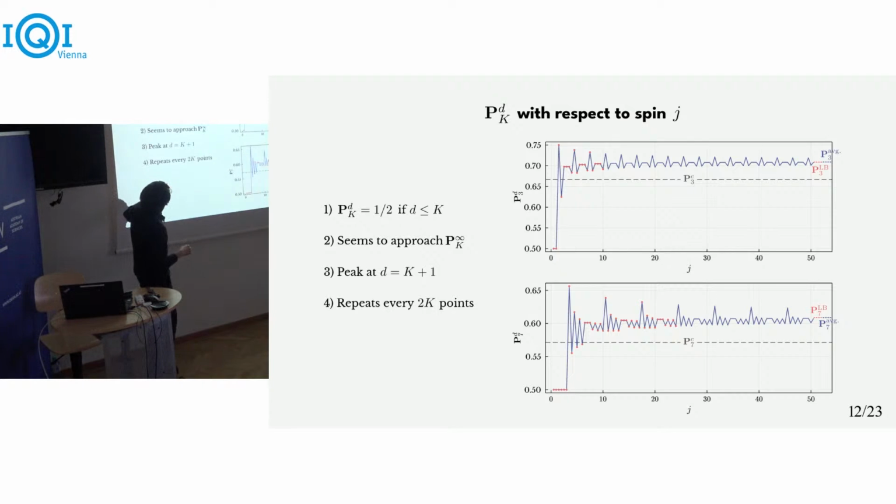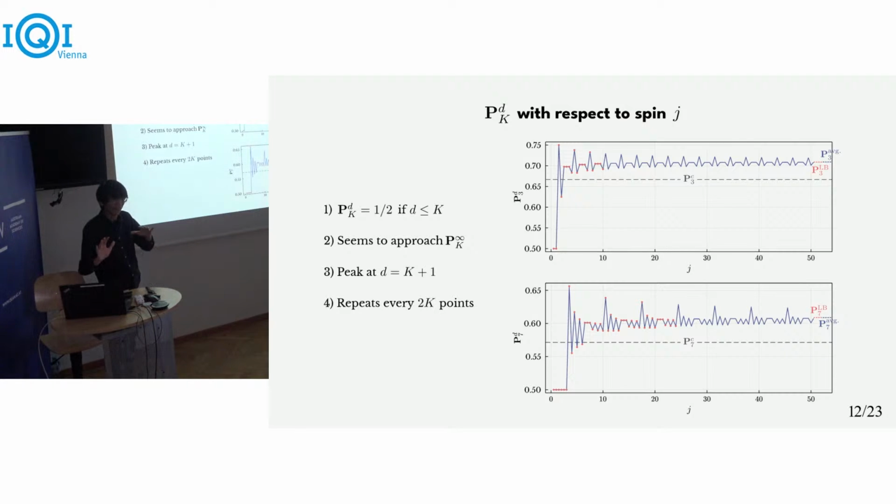So for k equals 3, every 6 points the pattern is the same, but squashed. One of the ways we were trying to bound this was to find the envelope of this graph, but that really went nowhere. Okay, so this is the angular momentum case.